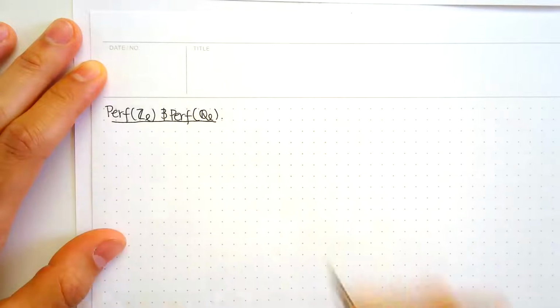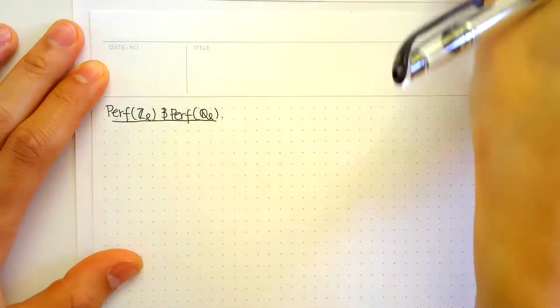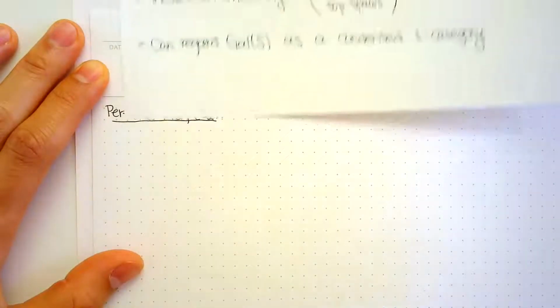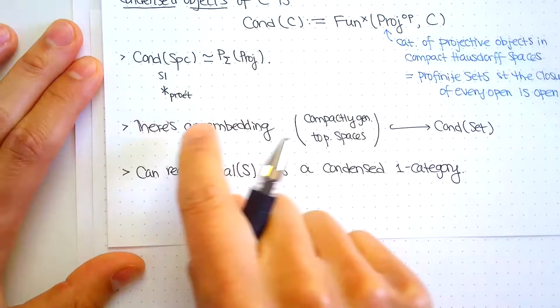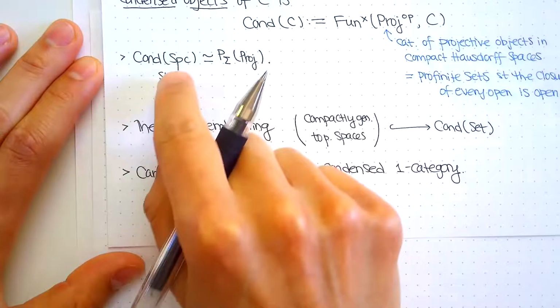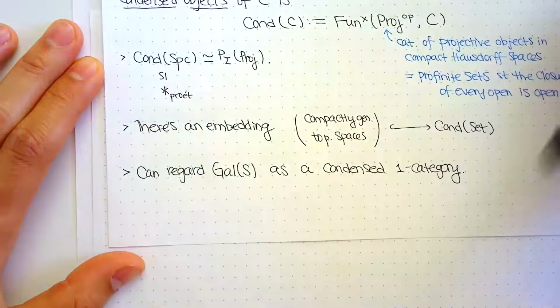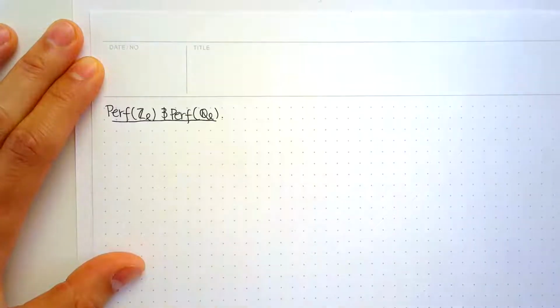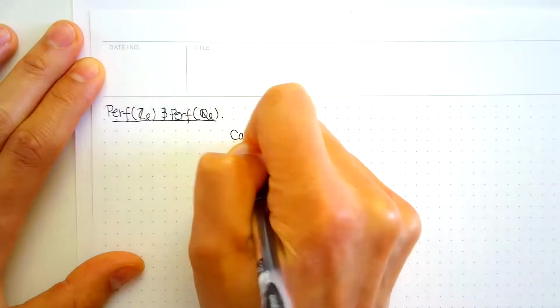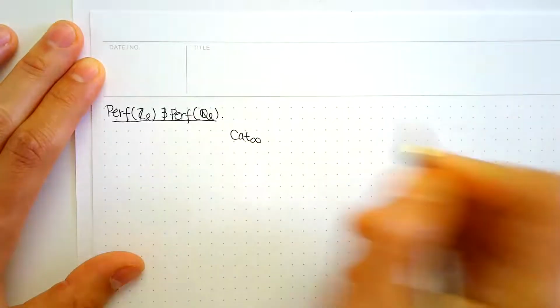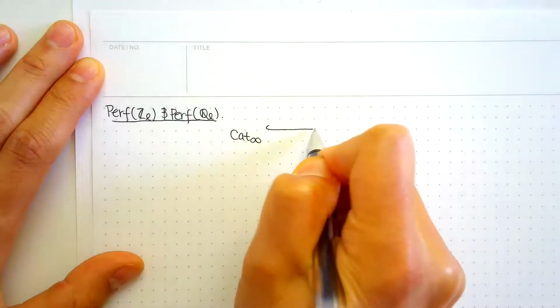So the first thing to notice, and maybe it's reasonable to believe from this perspective, up to set theoretic issues, this is going to be some infinity topos. So there's a notion of constant sheaves. And because I'm working with categories, I'm going to talk about constant sheaves of categories.